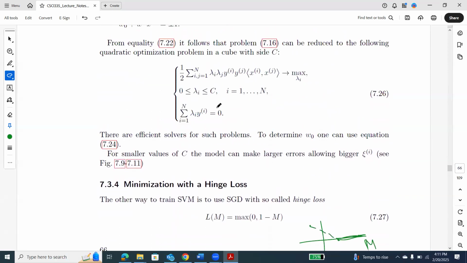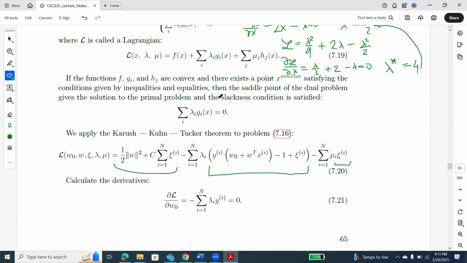So let's talk about the C variable. If you think about the product between two numbers, if one number is large, then the other number can be small, and vice versa.